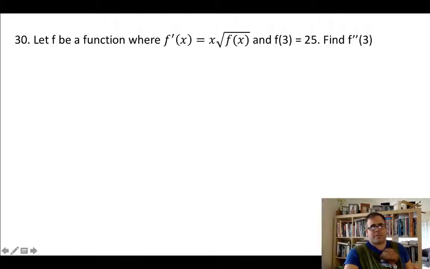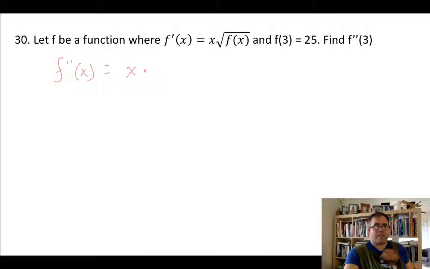Of course, f double prime, that's the derivative of the derivative. So we're going to use this and take the derivative of this side. Well, this is a straightforward product rule kind of thing. So it's the first times the derivative of the second.